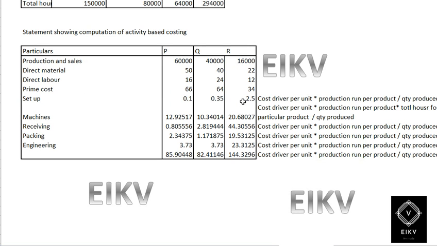We have setup cost. The setup cost will be cost driver per unit multiplied by the production runs per product divided by quantity produced. That is 0.1, 0.3 and 2.5.